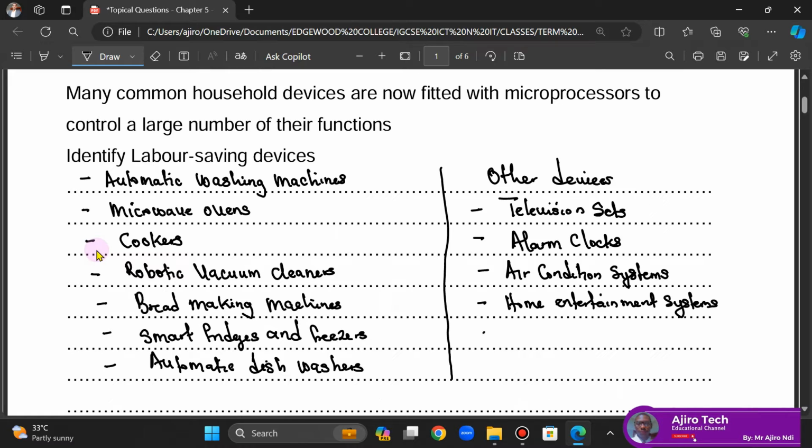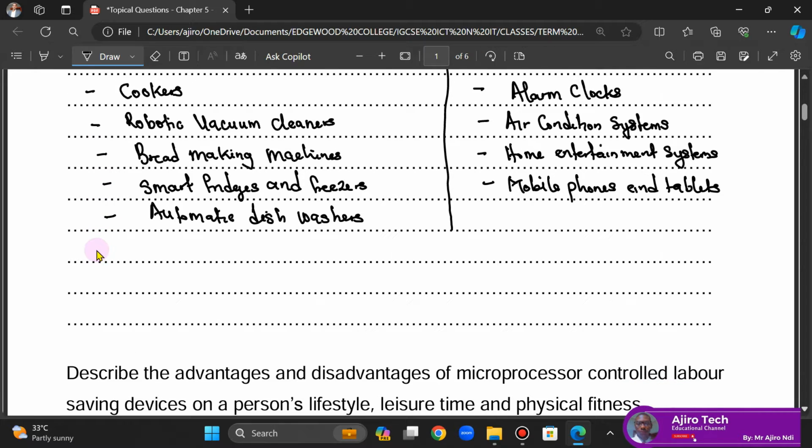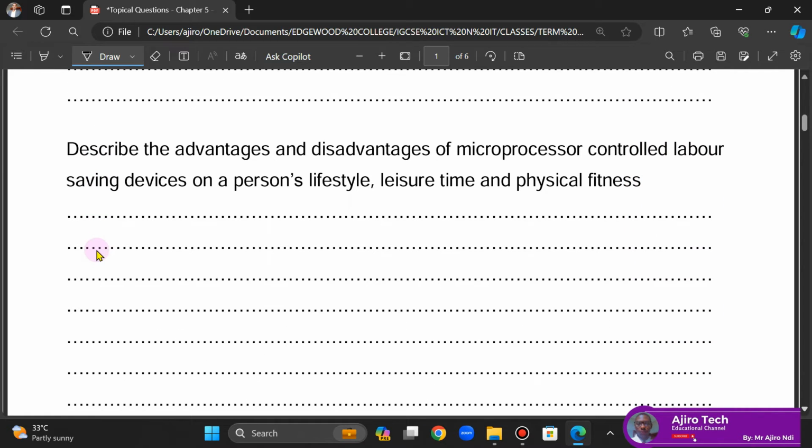You can also add mobile phones and tablets. Very important. Let's look at the next question.